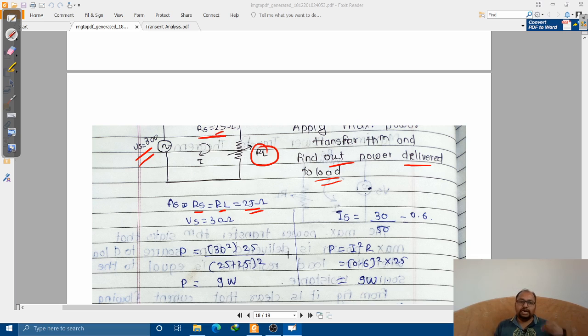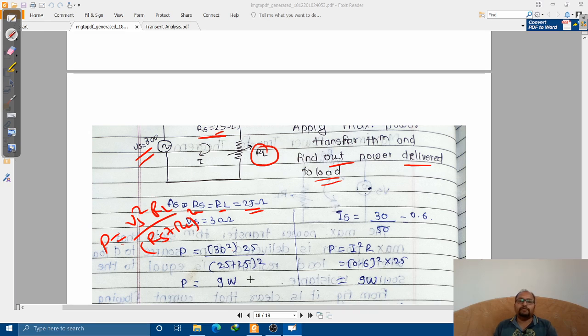Then and only then the maximum power will be delivered to the load. Now let us cross check whether this is really giving us the maximum power delivered to the load or not. The equation of power is Vs square into RL divided by (Rs + RL) whole square, right?